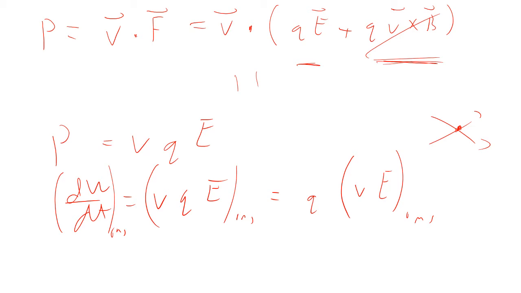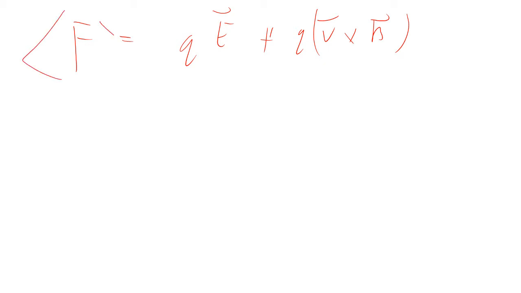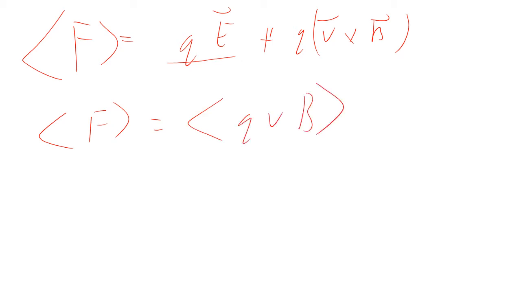So let's think about the force itself, because we got the force, and the force keeps changing too. So the force is going to be QE plus QV cross B. Okay. If we want to find the actual average force, well, the average of that is actually going to be 0. So the average force is going to be the average QVB. Okay.